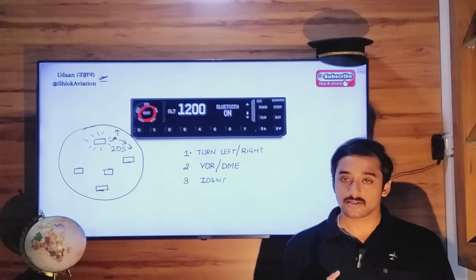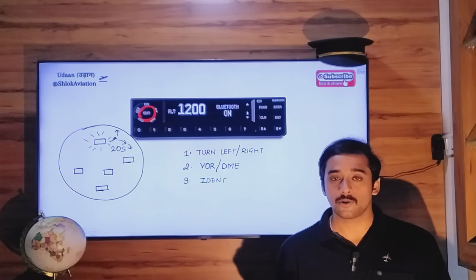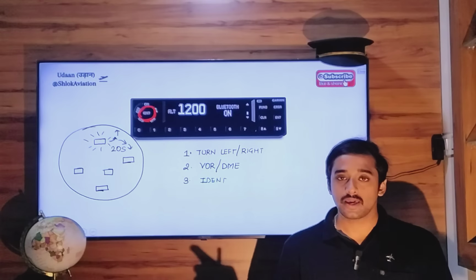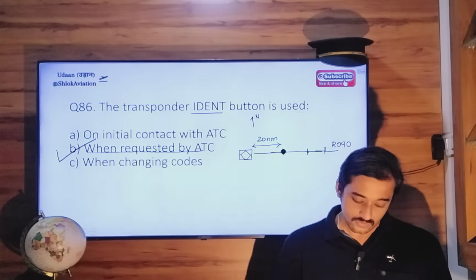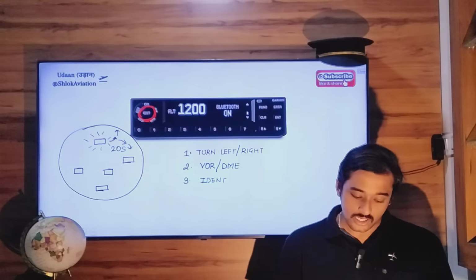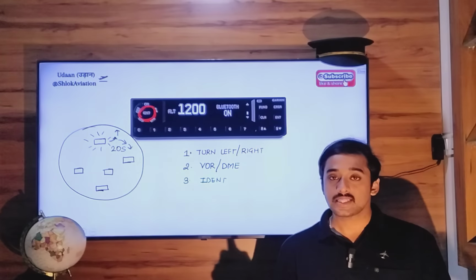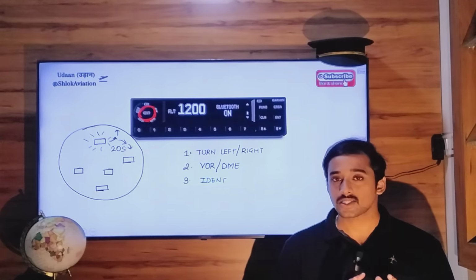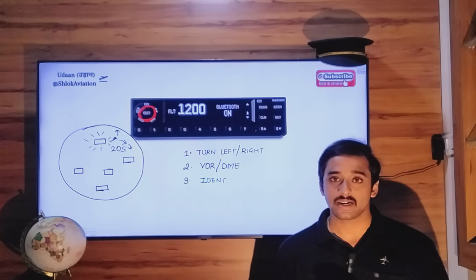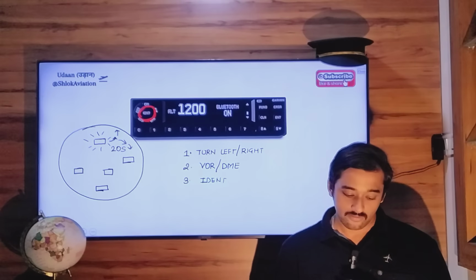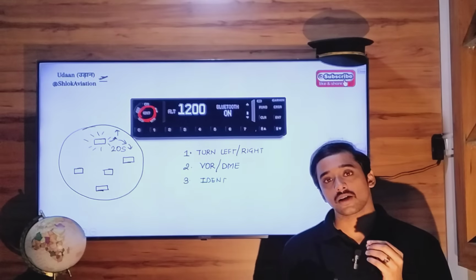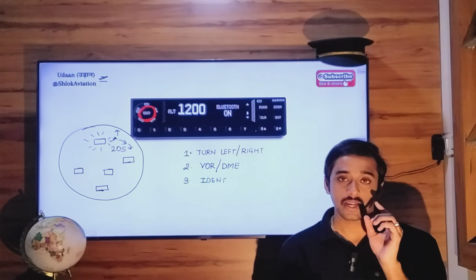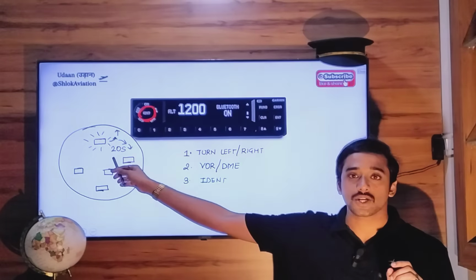If you press it without ATC's instruction or without ATC's knowledge, that will be a very big mistake or safety issue. Meaning, the ATC controller might have asked some other aircraft to press his ident button. And if you press your ident button at the same time, the radar blip corresponding to your aircraft will flash on the ATC's radar screen.